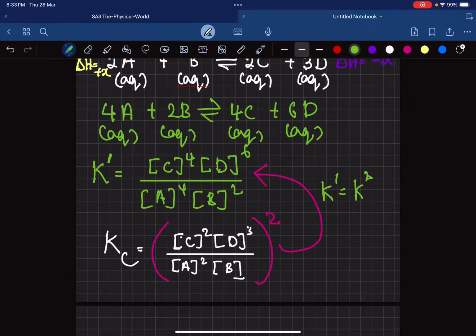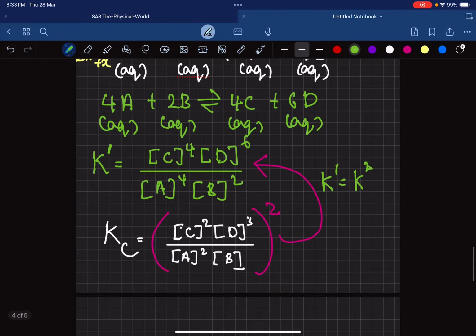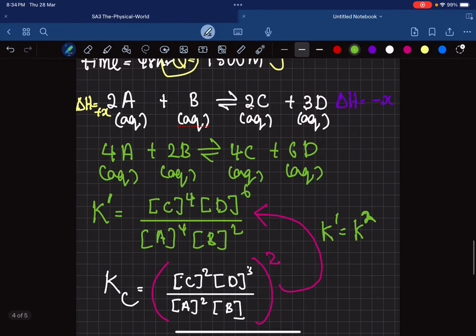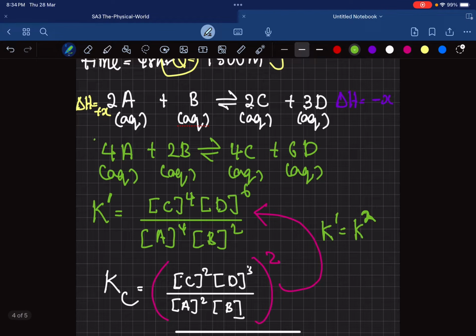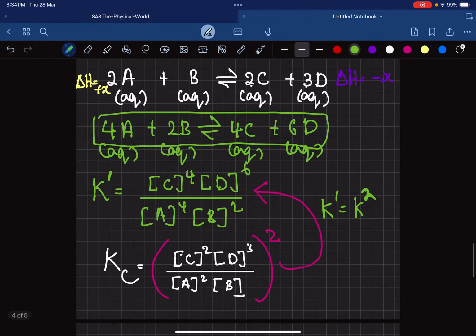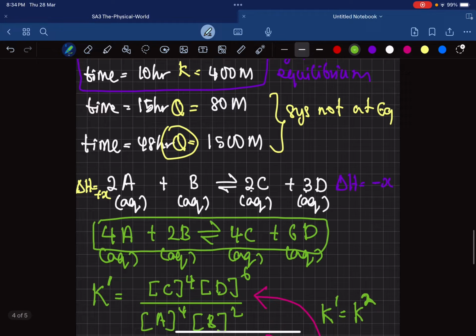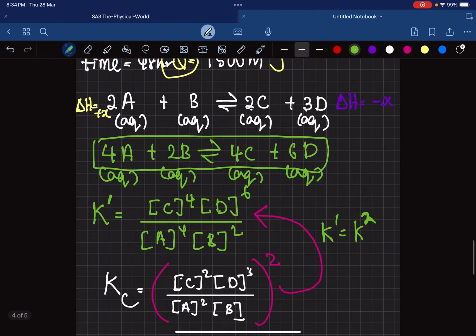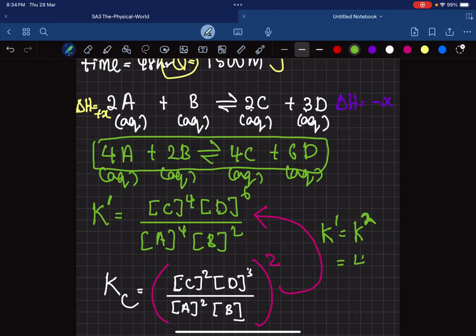If this is K, then K prime is K squared. So if an equation is given to you and it's been multiplied by 2, you take the original K value, which in this case was 400, and you just raise it to the power of 2. That will be the value.